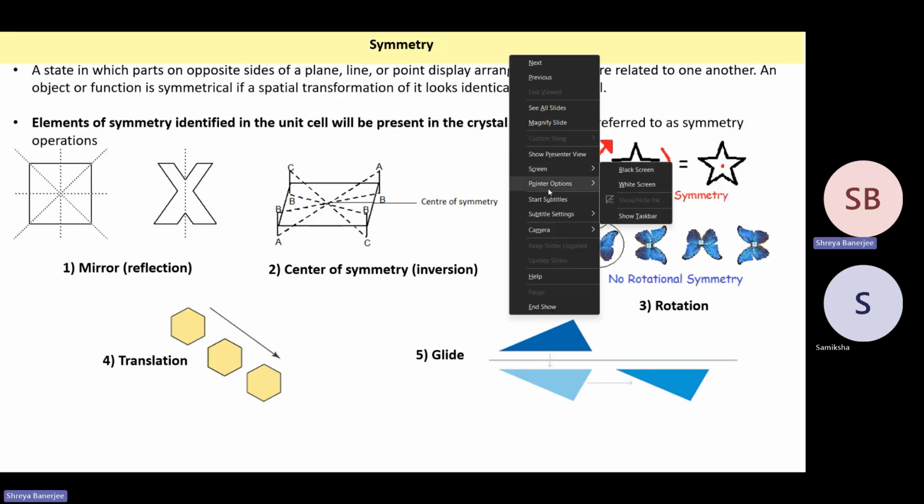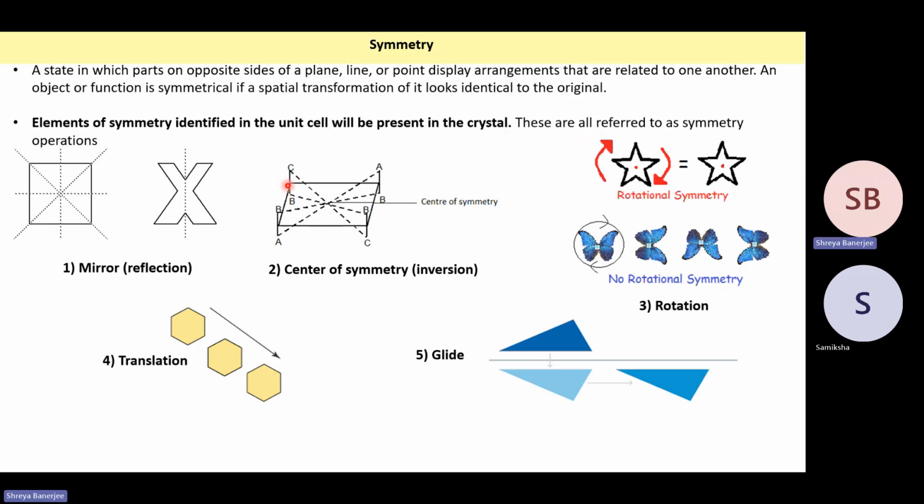Okay. So you can see this as a molecule, and imagine there are different groups A, B, C, and D. The center of this molecule is called the center of symmetry or inversion point.